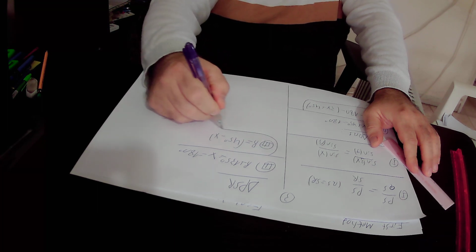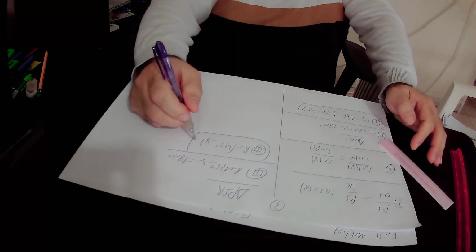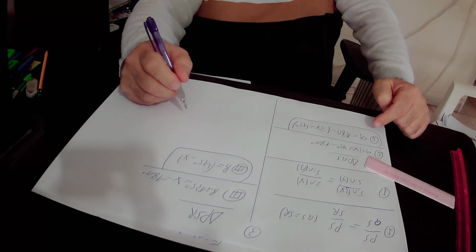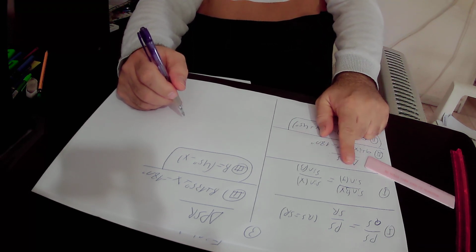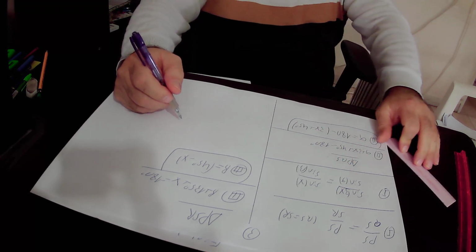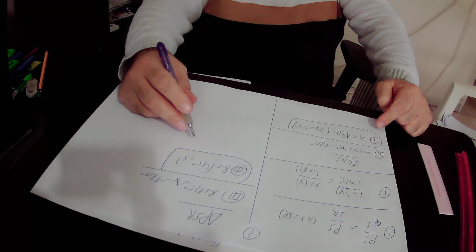Okay, so we found the value of beta in terms of x, and we also know the value of alpha. Now we can substitute alpha and beta in equation number 1 by the values that we found in equation number 2 and equation number 3.